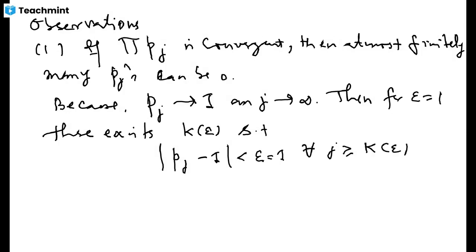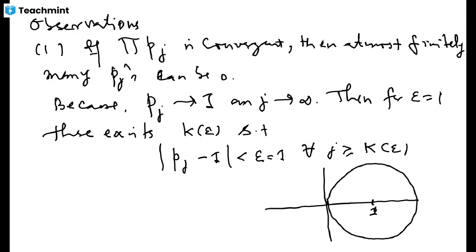So you have this situation: you are taking 1 as a center, and let me draw a disk of radius 1. The inequality mod of Pj minus 1 less than 1 implies that each Pj is an element in this disk with center 1 and radius 1.